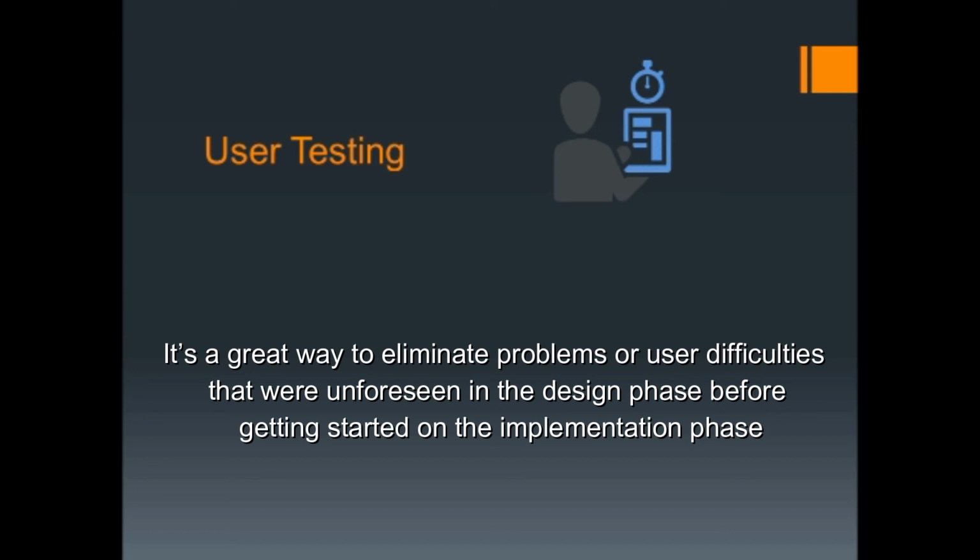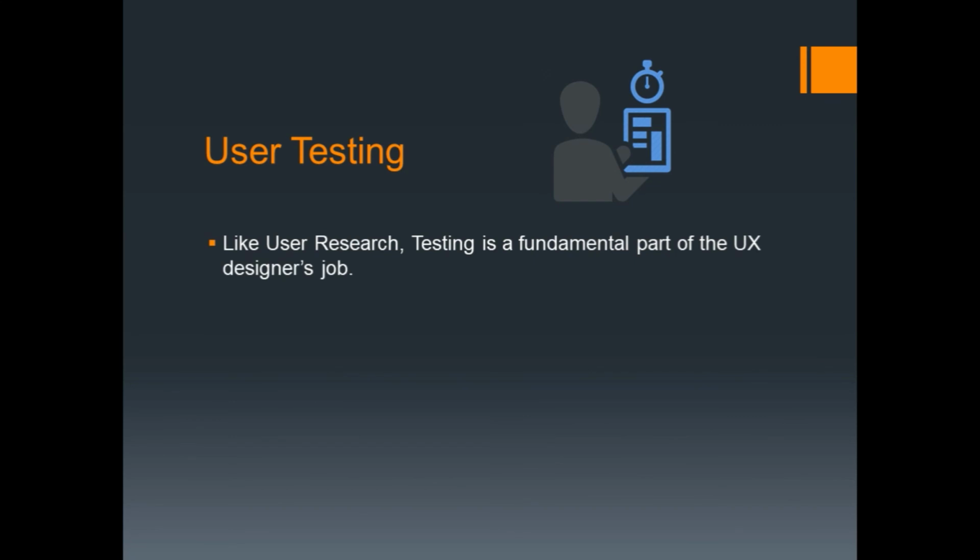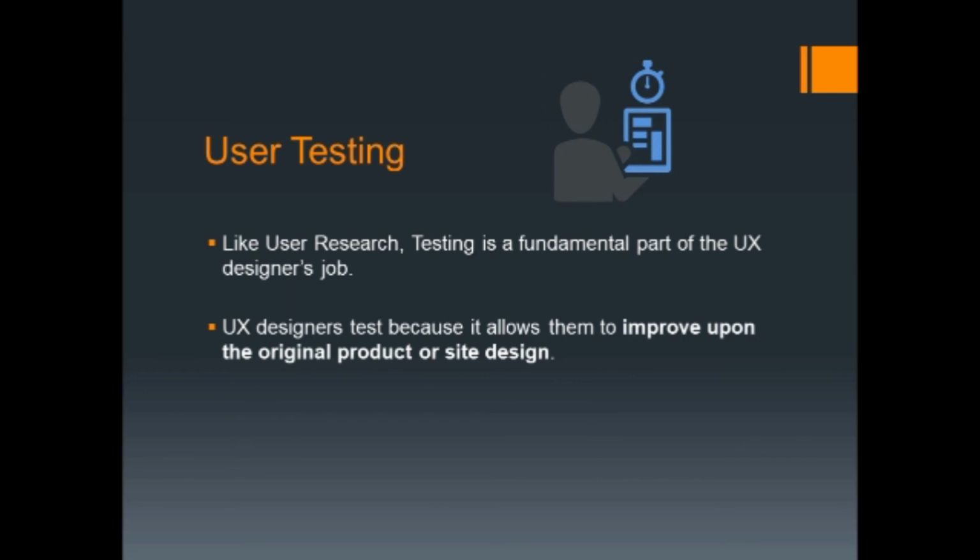It's a great way to eliminate problems or user difficulties that were unforeseen in the design before getting started on the implementation phase, and can also be carried out once the product is live as part of a UX audit. So before the implementation phase, user testing is a core part of a UX designer's job. And ensure you test with real users who are not your friends or family.